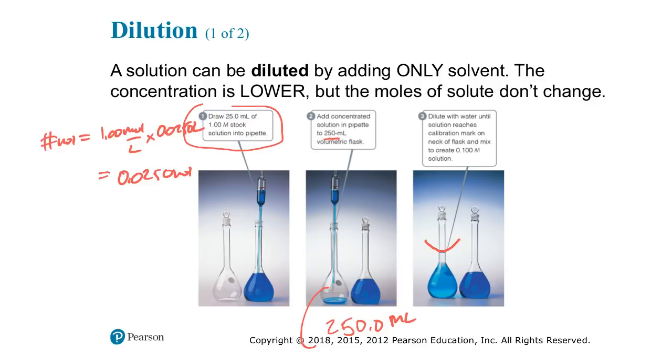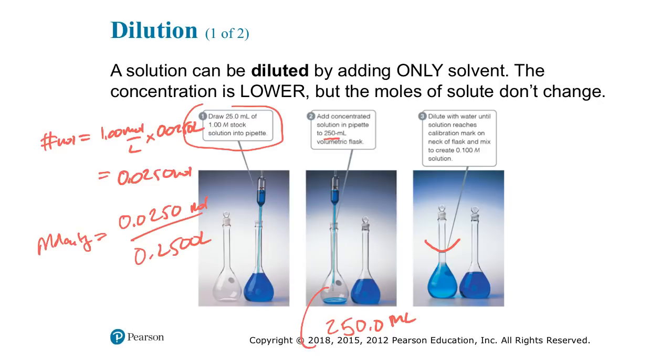And so then when we have a new volume of 250 milliliters, our new molarity would be equal to the moles of our solute, which are unchanging here. We're just adding more solvent, so we still have 0.0250 moles. We now have 0.2500 liters of solution.